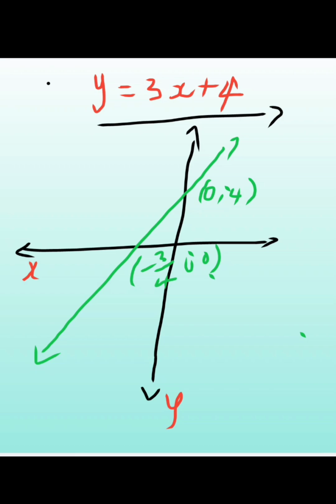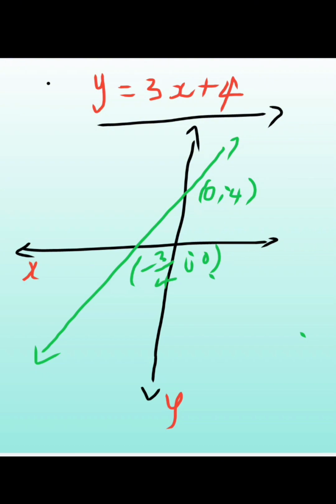We said that the domain is all possible input values, and the range is all possible output values. So what are all possible input values here?